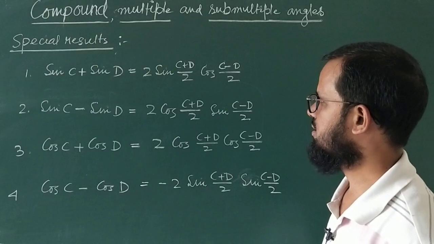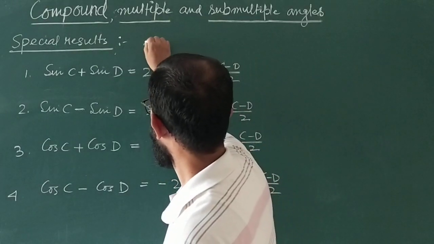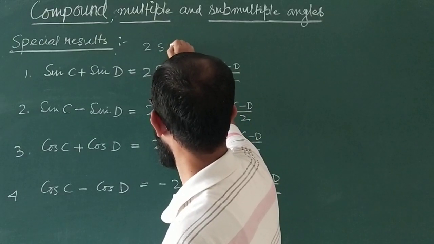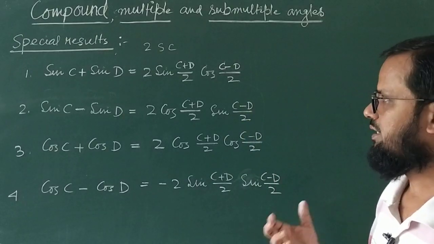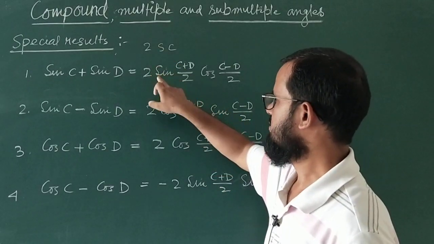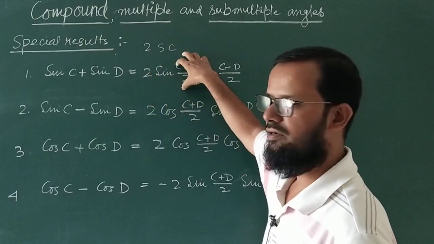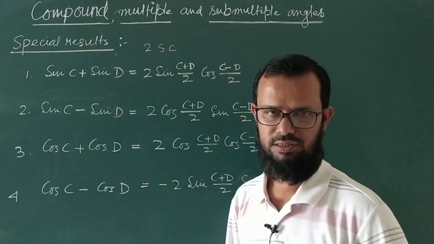So how do we remember this result? Only remember 2SC. S means sin, C means cos. With S, the sum of the angles divided by 2, and with C, the difference of the angles divided by 2.